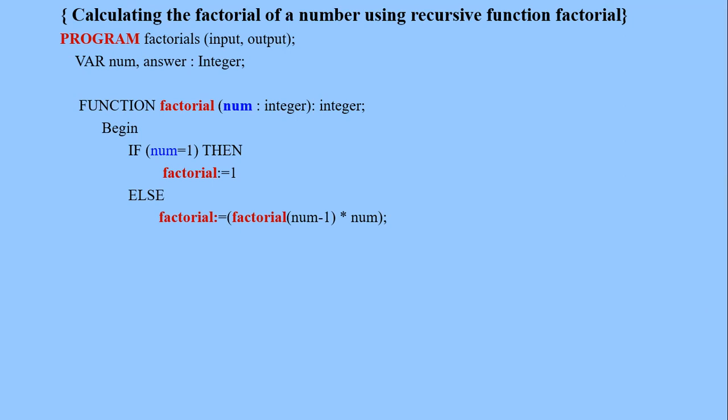So simply, let me put it this way. The final answer will be num times num minus 1 times num minus 2 times num minus 3 times num minus 4 times num minus 5, until the value of num is 1.